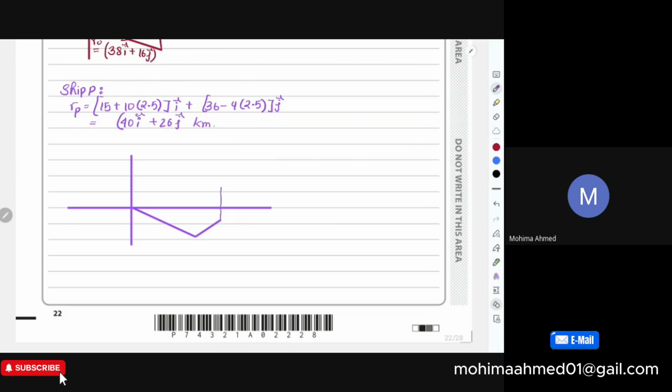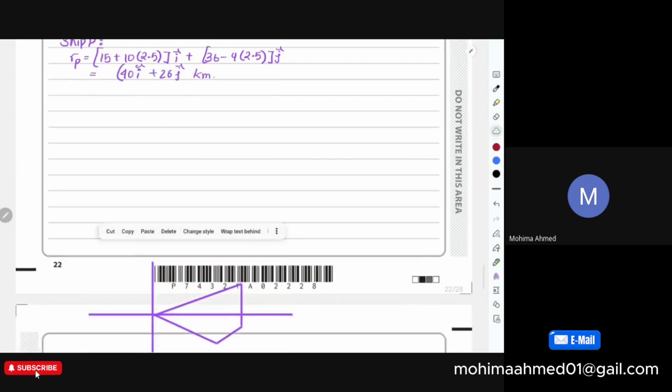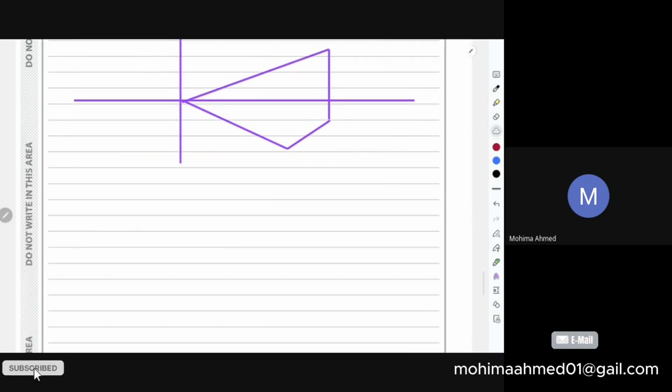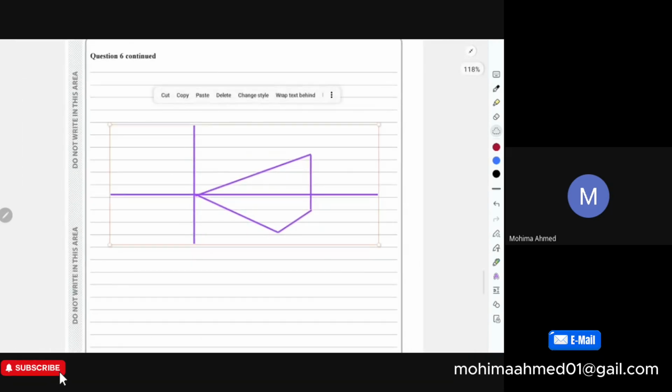Then again it traveled in the vertical direction, and this is where the final position is, right? So this is how ship Q traveled. Just one minute, I want to create it as a big diagram since we have space. These are just for understanding.